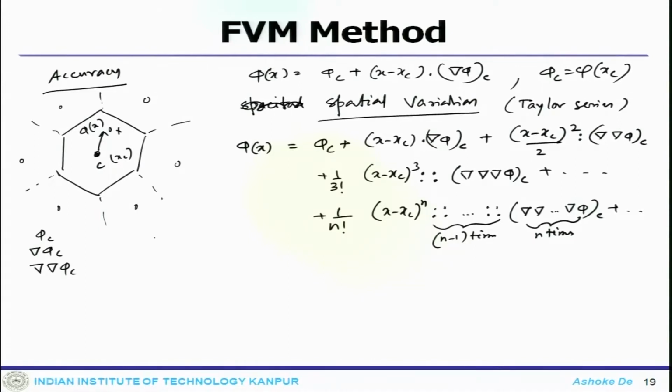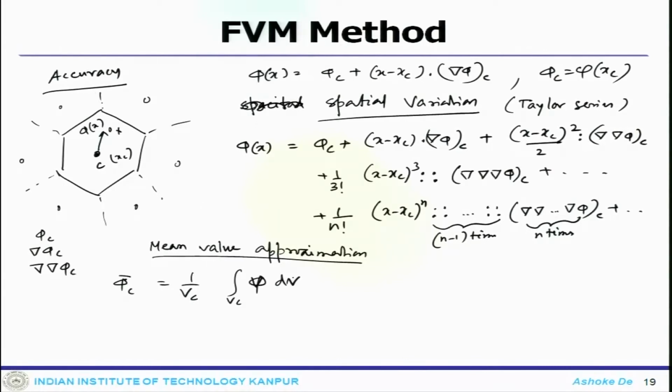Now, if you do the mean value approximation, what is that? I am calculating phi C bar, which will be nothing but 1 by V C, the integration over V C of phi dV.